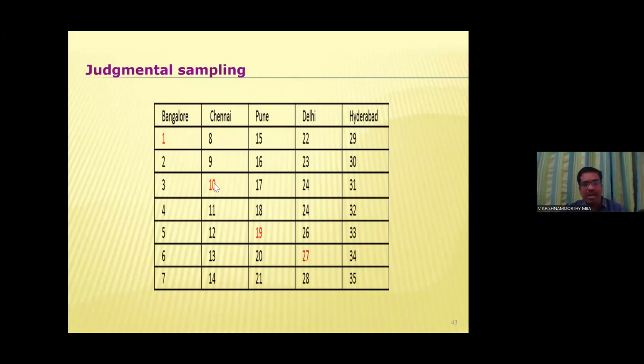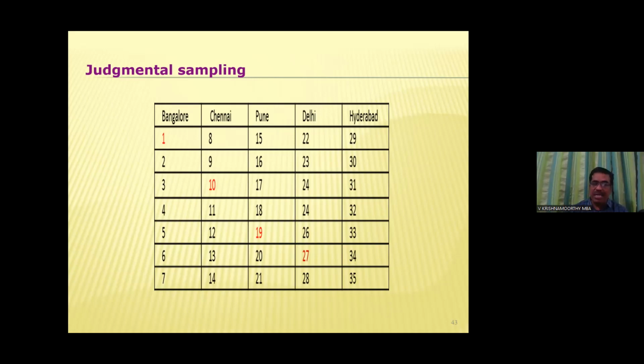I would like to collect data only from 10 because my mind is fit with 10. Similarly, let's take Pune. I can collect data only from 19. Similarly, I can go to Delhi. I can collect data only from 27. So this is the beauty of judgmental sampling.